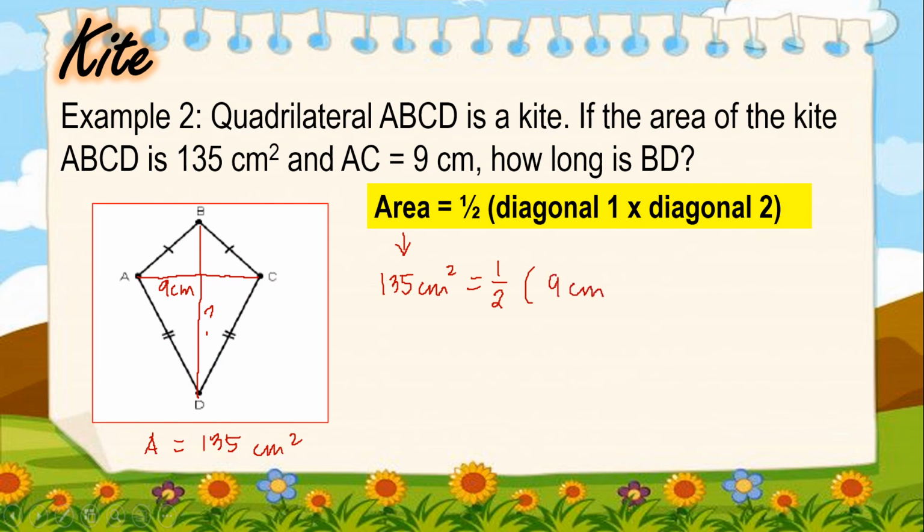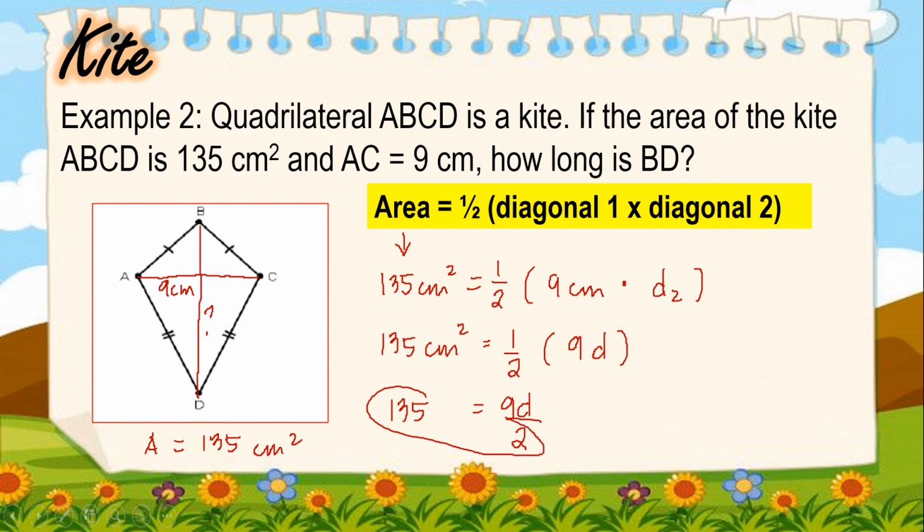And then we are to find diagonal 2. So we have 135 square centimeters is equal to 1/2 the product of 9 centimeters and diagonal 2. So we have 9D. Let's say we are to solve for D. So we're going to have 135 is equal to 1/2 of 9D, which is 9D over 2.